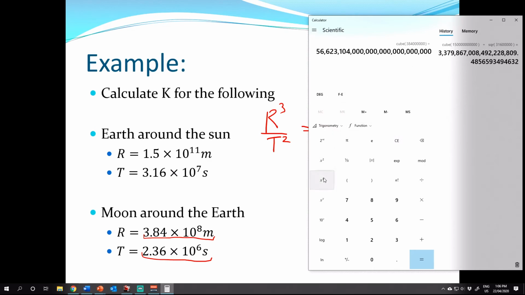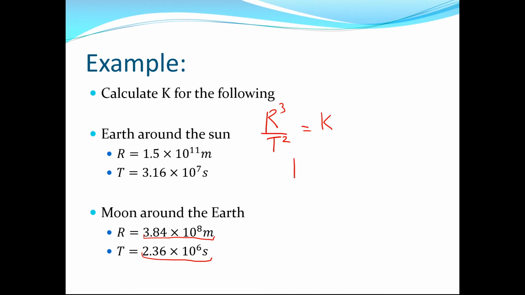And we'll divide by 2.36 times 10 to the 6, and we'll square that. And altogether, we get 1.0 times 10 to the 13. So K would be 1.0 times 10 to the 13.